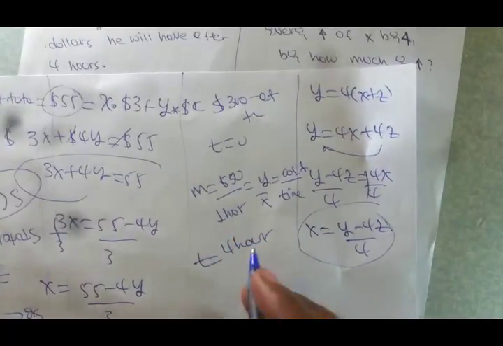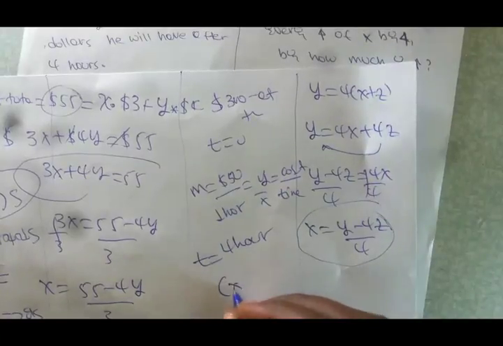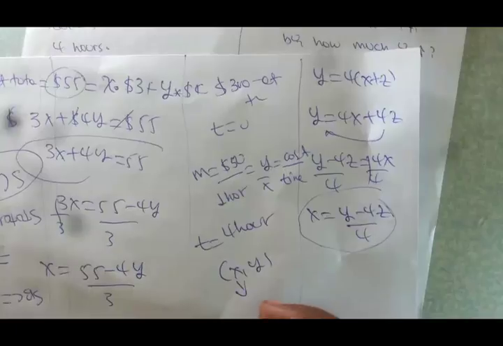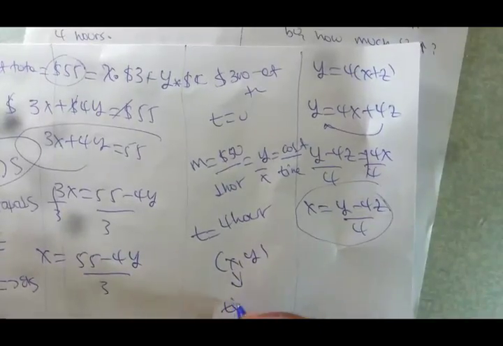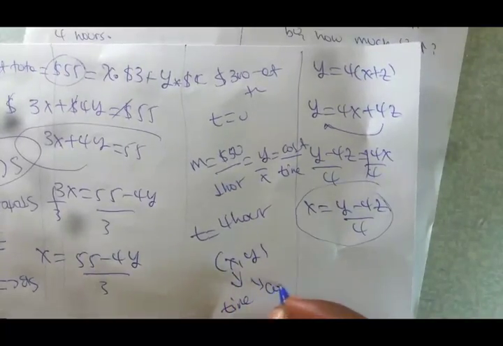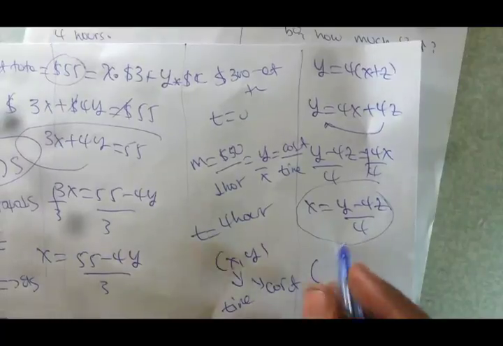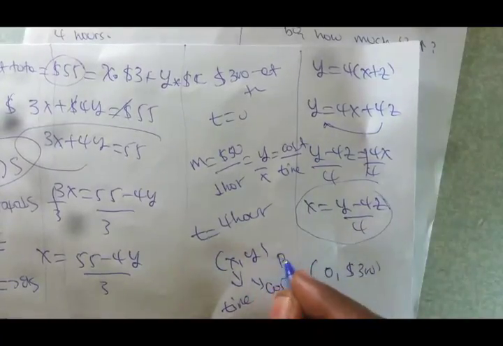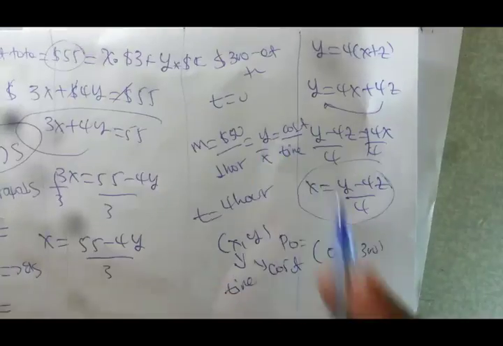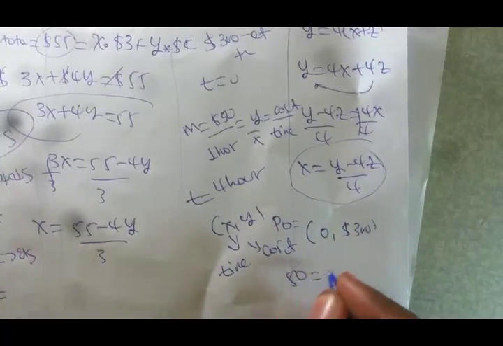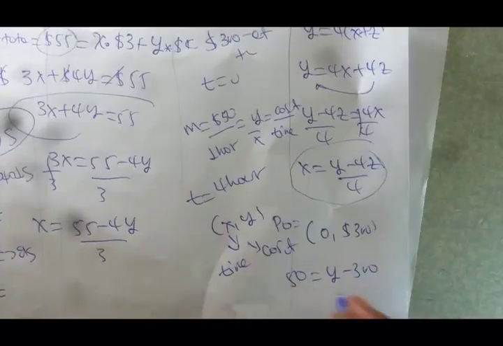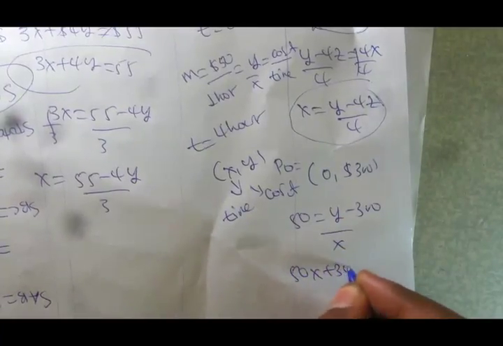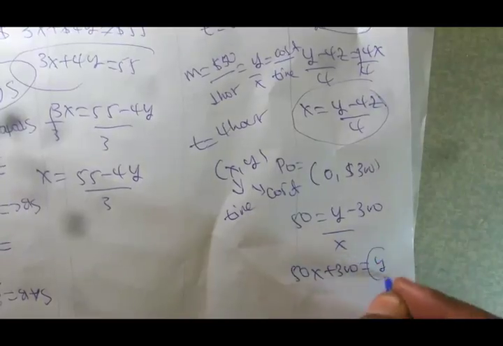Therefore we know that initially X represents time and Y represents cost. Initially, when the time was 0, he had $300. This is the point, and we already found the slope, 15. Therefore 15 is equal to Y minus 300 over X. Therefore 15X plus 300 is equal to Y. What does Y represent?